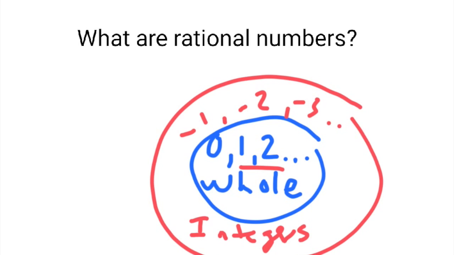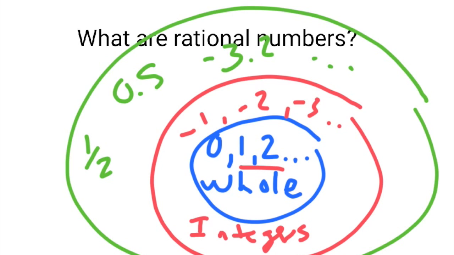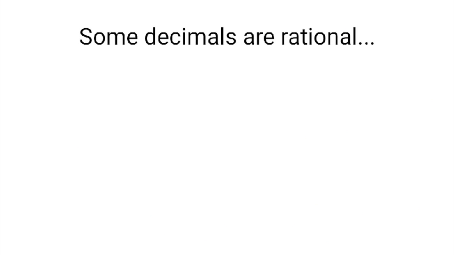And now with rational numbers, we've expanded the family even further with half, -3.2, and so on. And eventually you're going to find out that there are more numbers outside here called irrational numbers.